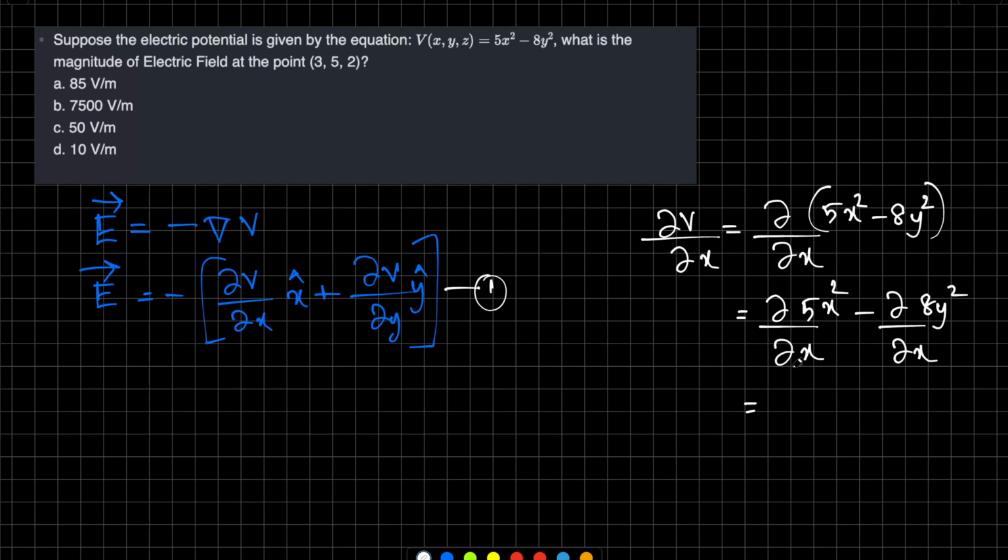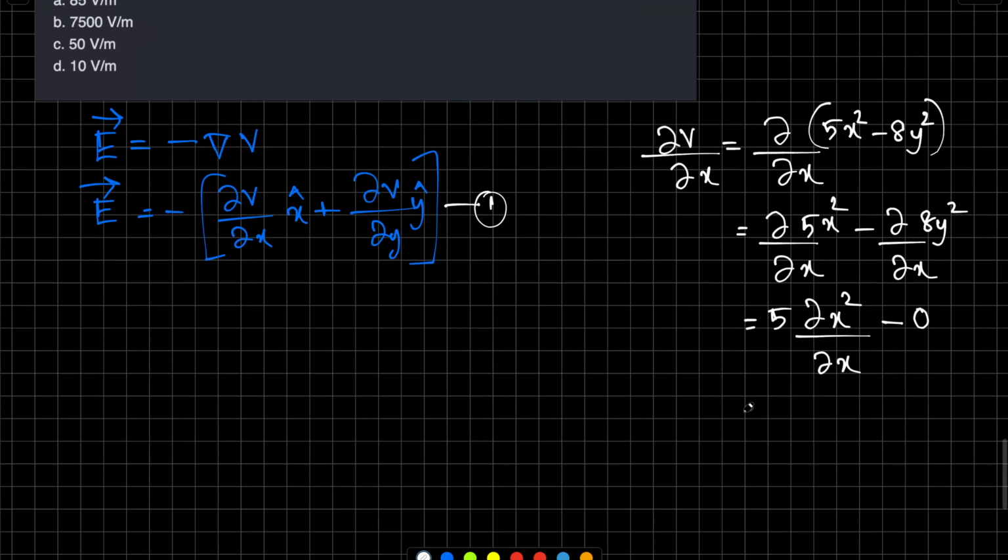In the first term, we are partially differentiating with respect to x. We have x at the top, so take the constant outside. 5 is the constant, dou x square over dou x. The second term, we're differentiating with respect to x. There is no x at the top, so it's 0. This will be 5 times dou by dou x of x square is 2x. The answer is 10x.